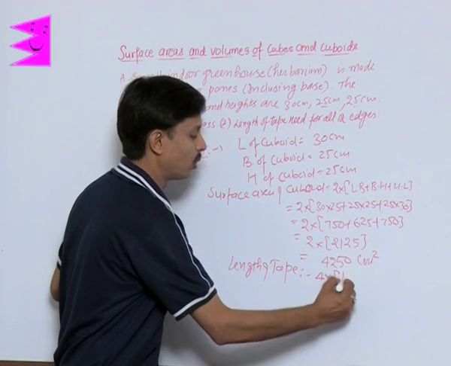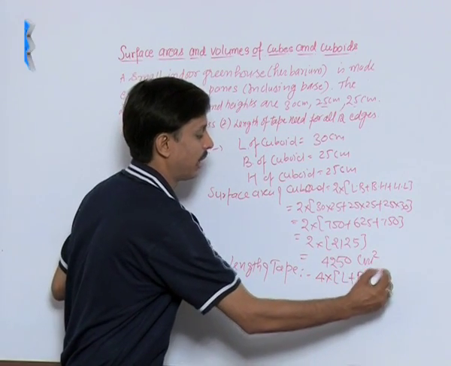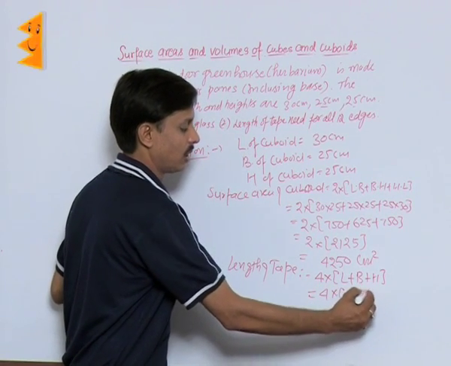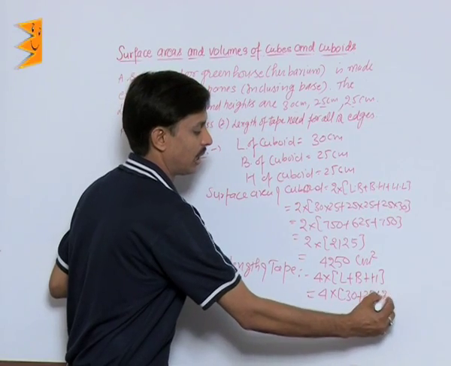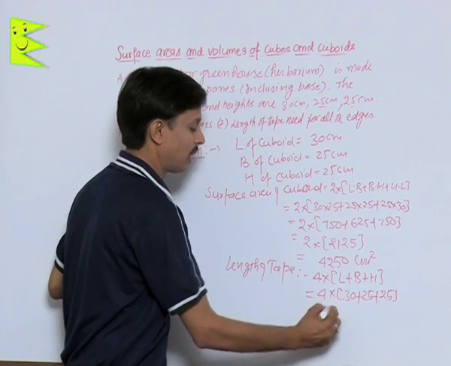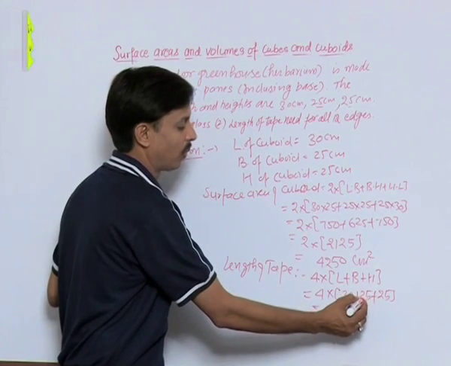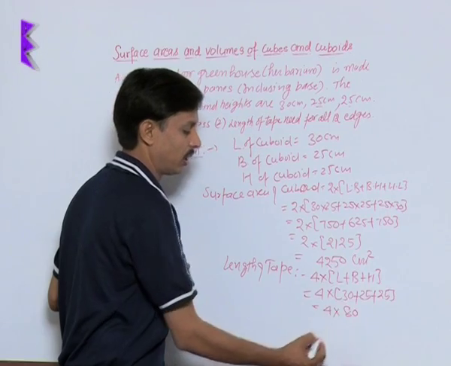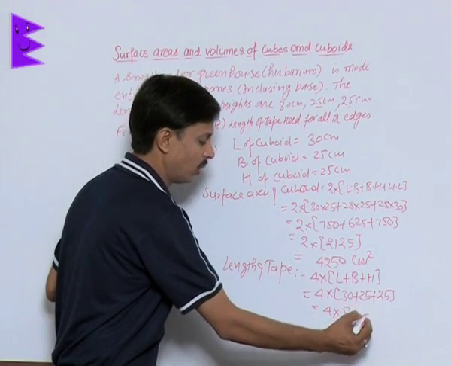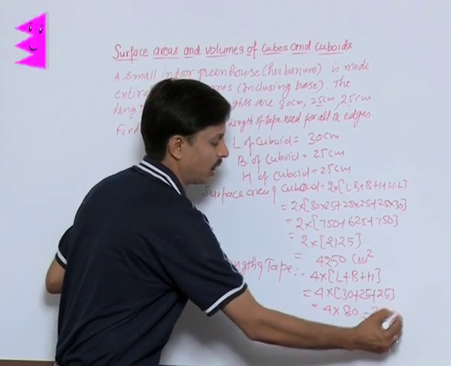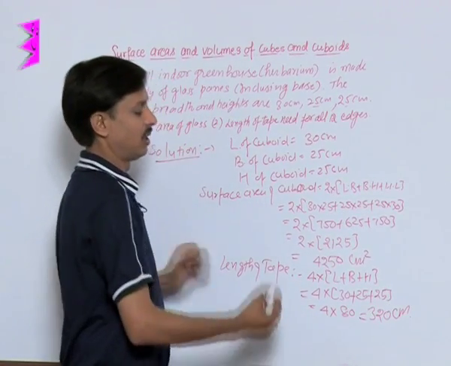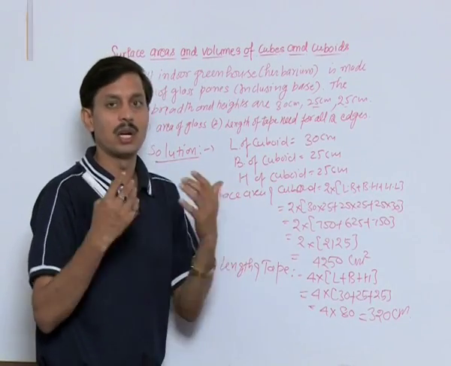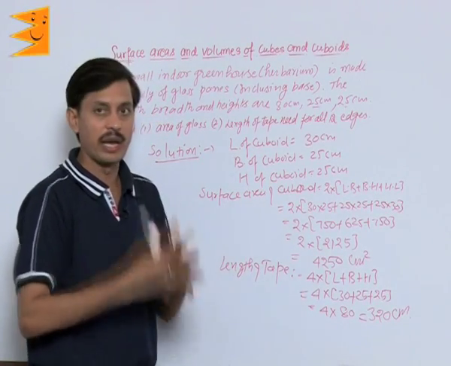That becomes 4 into (L plus B plus H), which is 4 into (30 plus 25 plus 25). So 25 plus 25 is 50, plus 30 is 80. 80 into 4 becomes 320 centimeter. A 320 centimeter long tape is required to put on all the edges.